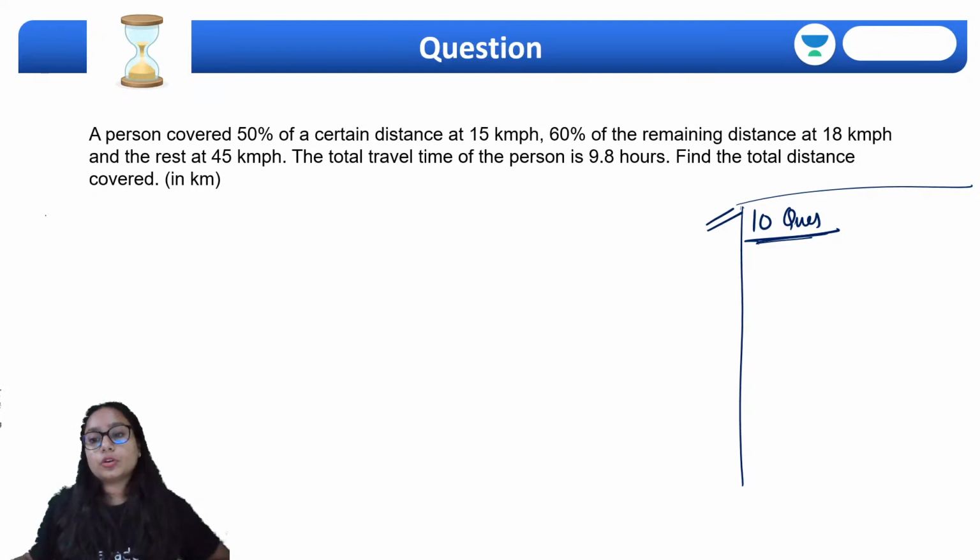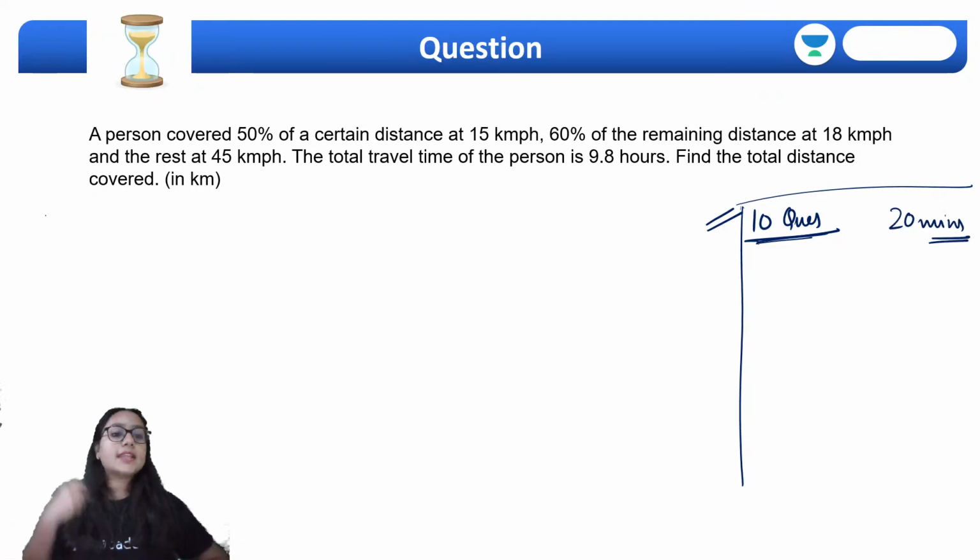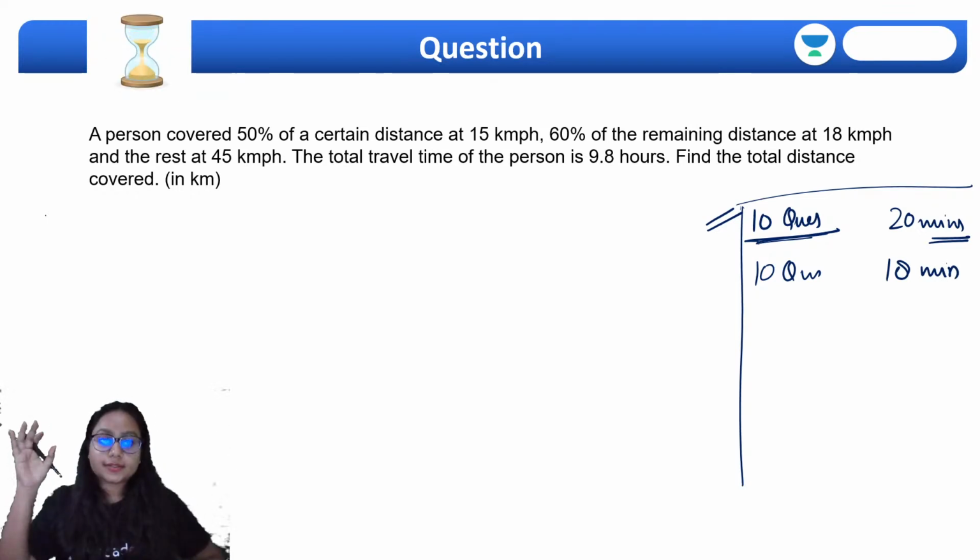Suppose you took 20 minutes to solve 10 questions, then next day when you sit for practice, make sure that you do 10 questions in 18 minutes. After practicing this for 4 to 5 days, I'm sure that your speed will start improving.